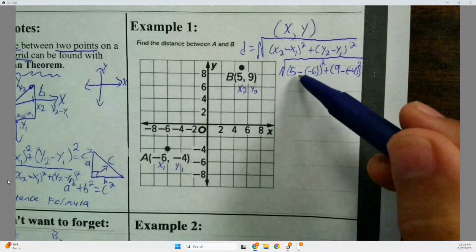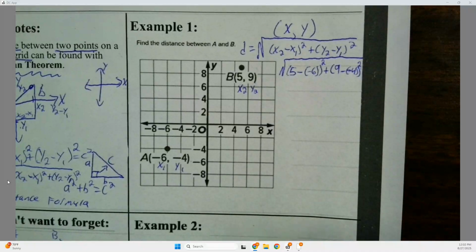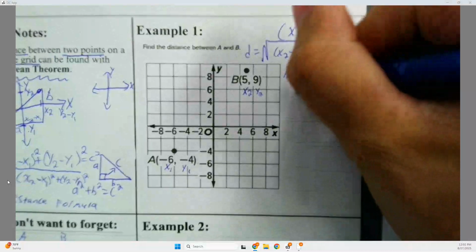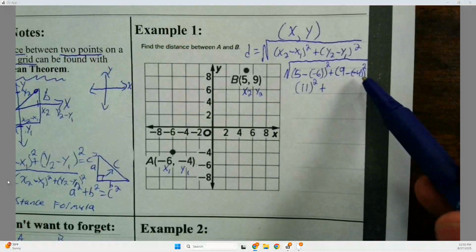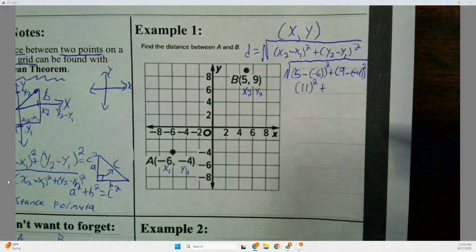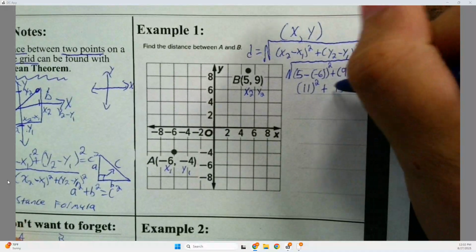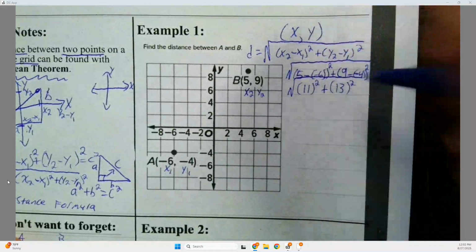So 5 minus negative 6, well remember, double negative makes a positive, so I have 5 plus 6, well that's just 11 squared. 9 minus negative 4, same situation. Double negative goes positive, so 9 plus 4 is 13. I'm going to square that, and at the end, take the square root of the whole thing.